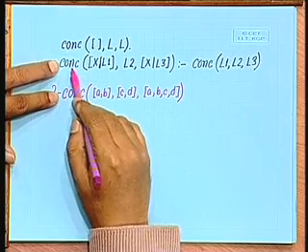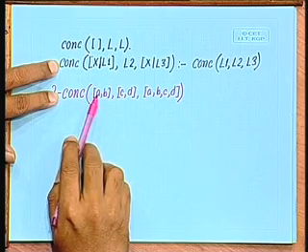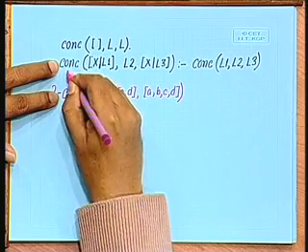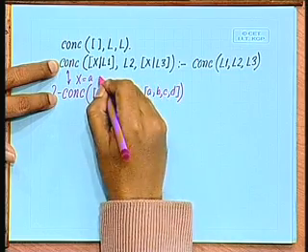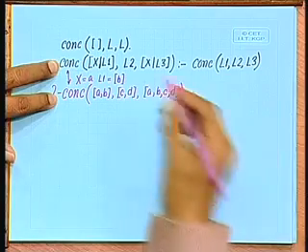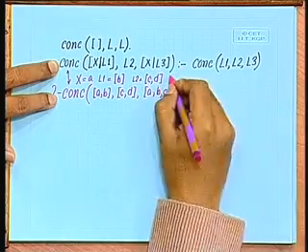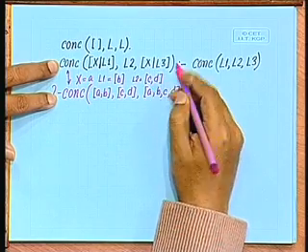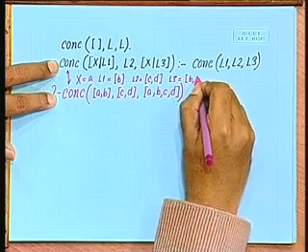If we unify this with this, then X will be A, just the element A, L1 will be the list B, L2 will be the list CD, and then X will unify with A, and L3 will be the list BCD.